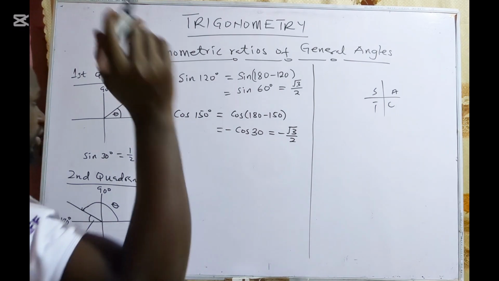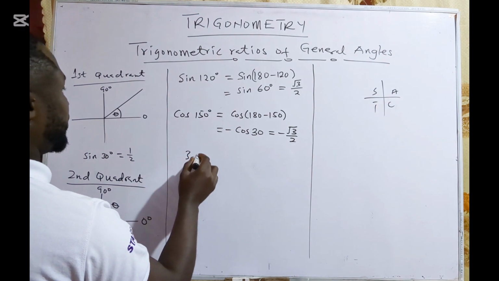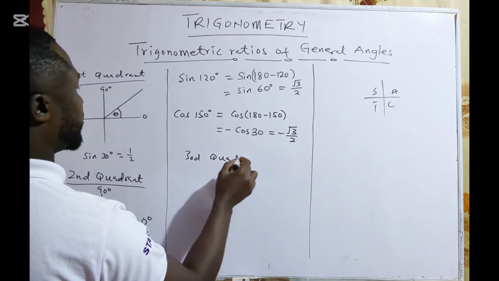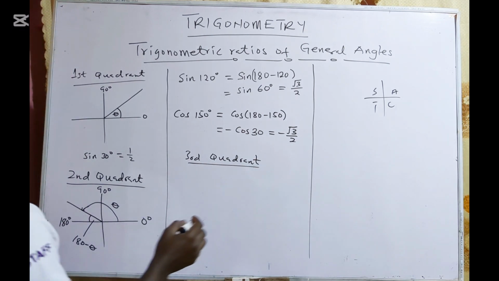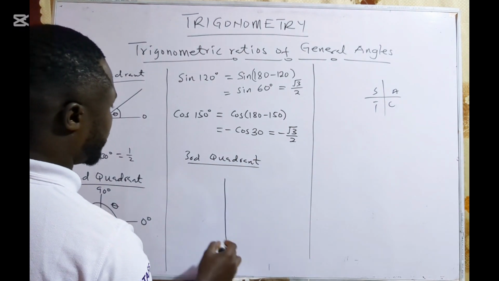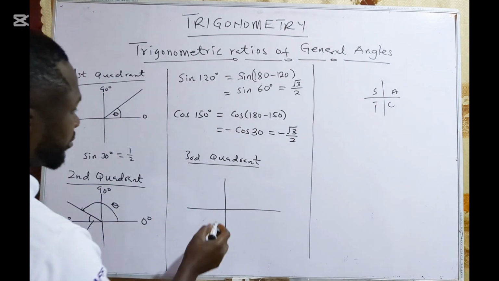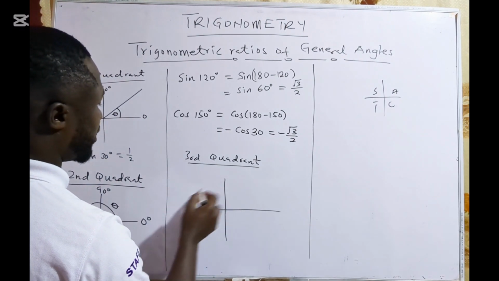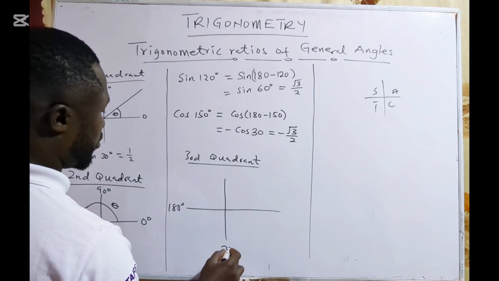Then that one we'll also try with tan and so on. So the third quadrant too, you find the acute angle. In the third quadrant, the angle is between 180 and 270.